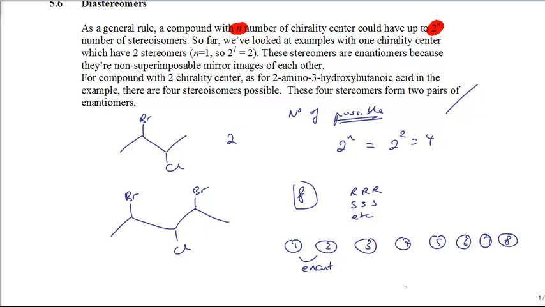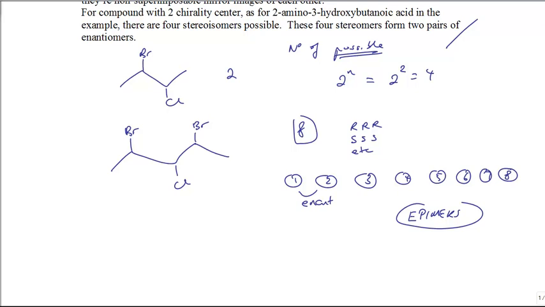For those of you doing cell biology, you come across the term an epimer. Do you know what it is? Sometimes with sugars, you can have many chiral centers. Supposing you had 4 of them, how many possibilities do you have? 16.